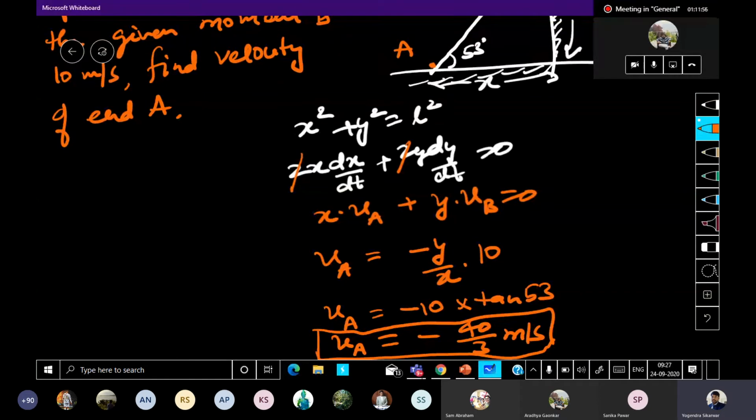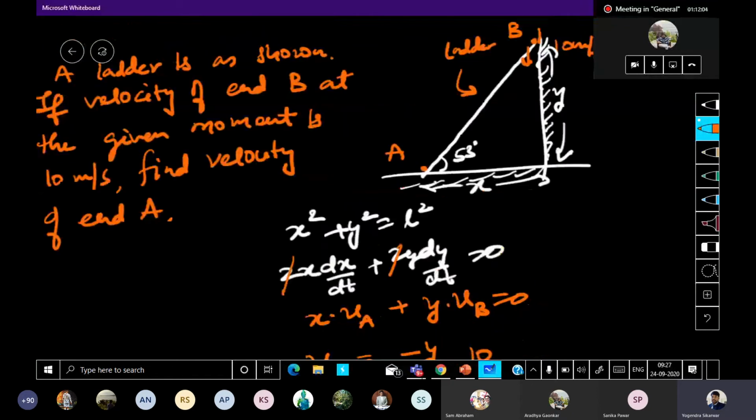All right, good. So this was again based on constraint. And what was the constraint? That length of rod is remaining constant. Length of ladder is remaining constant. So we utilized that.